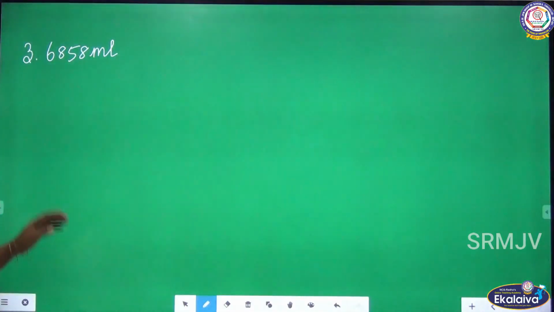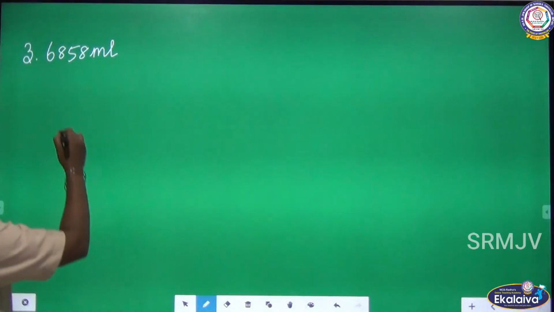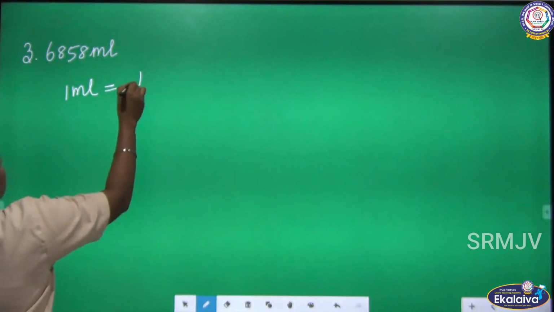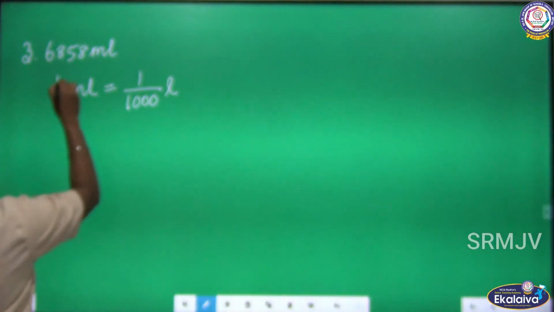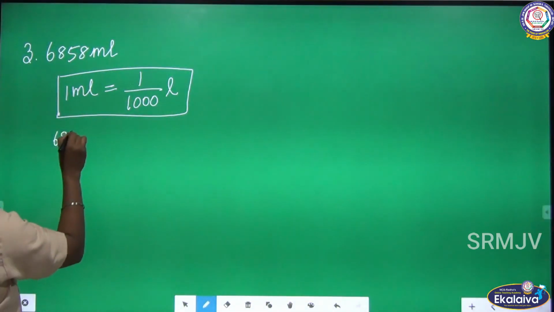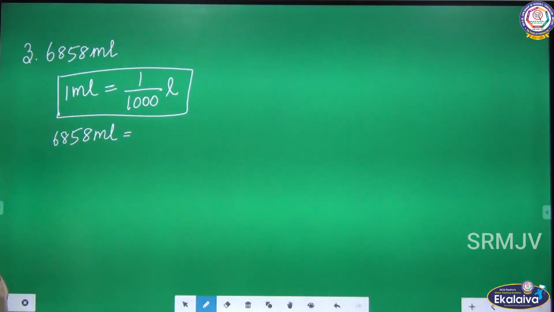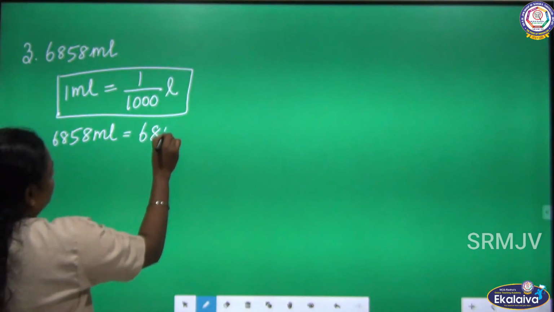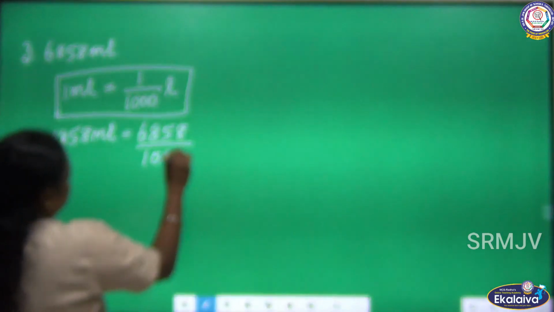Next one, 6858 milliliter. So 1 milliliter equal to how many liters, children? 1 by 1000 liter. So 6858 milliliter equal to 6858 by 1000 liter.